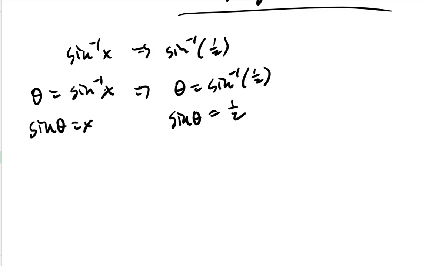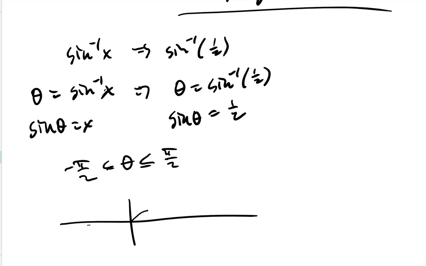Now, inverse sine is only defined when theta is between pi over 2 and negative pi over 2. In other words, there's a bunch of thetas for which sine is a half. There's an infinite number of them, right? So we only look at the ones between pi over 2 and negative pi over 2. If you need to review this in trig, go for it.